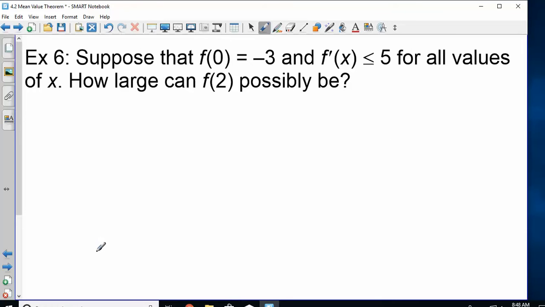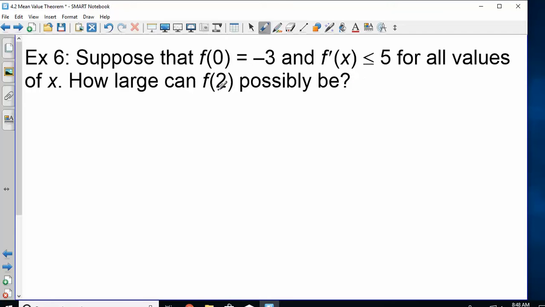Go ahead and do this one. Just want to look at this application, see if we can figure it out. Suppose that f of 0 equals -3 and the derivative is less than or equal to 5.